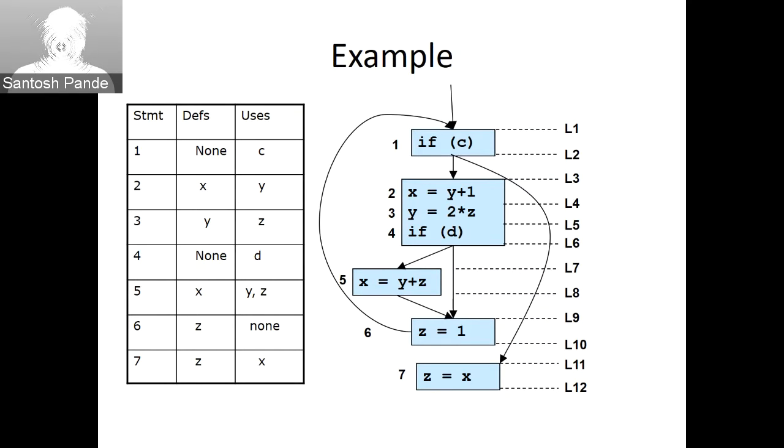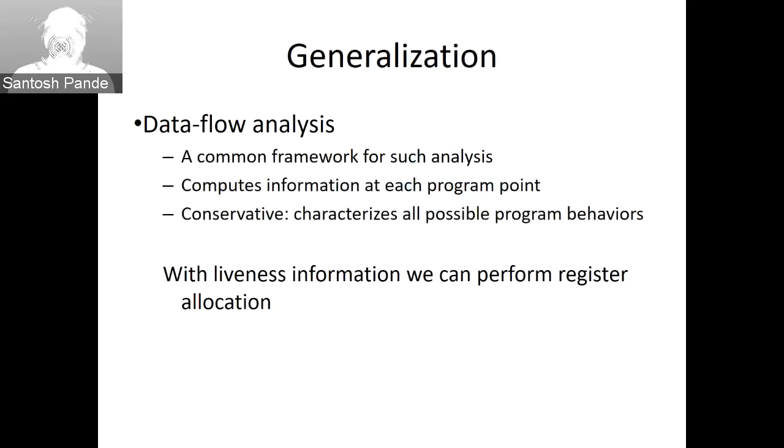So I'm not going to show the details of this, but you can check it. So again, this is a backward flow analysis framework which computes this kind of information about which variable names are live where.